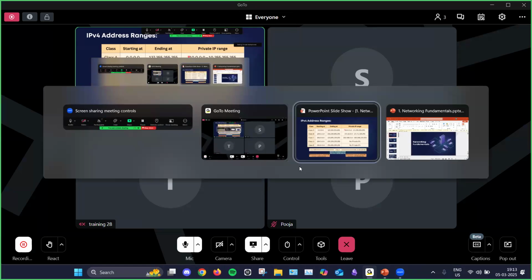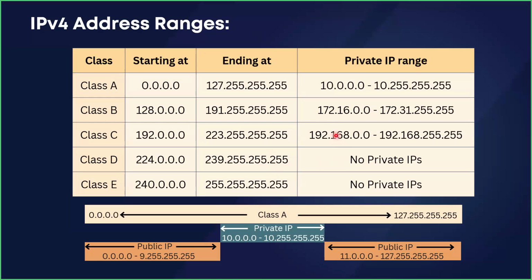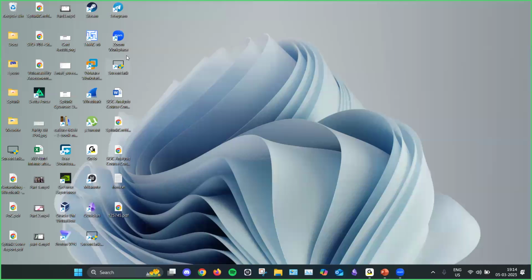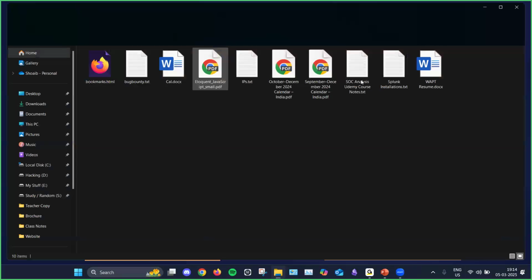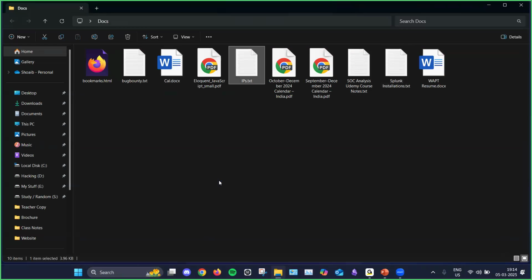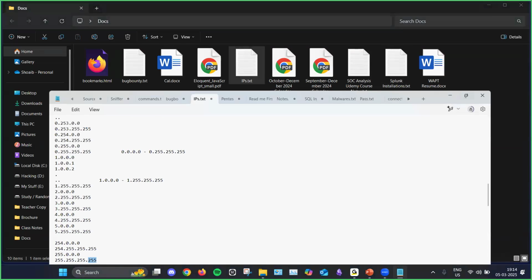Okay. Now, just as a small example, guys, I'll write down some IPs on a notepad file. And we'll just try to run some examples and understand how to classify these IPs. So let me just write down some random IPs first. Let me type those IPs here.